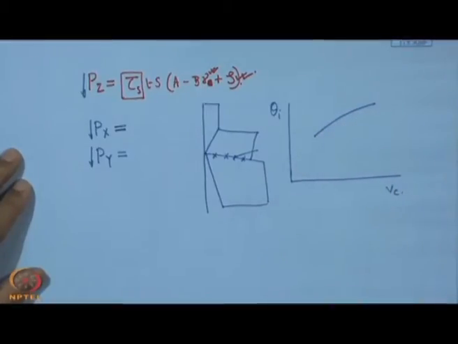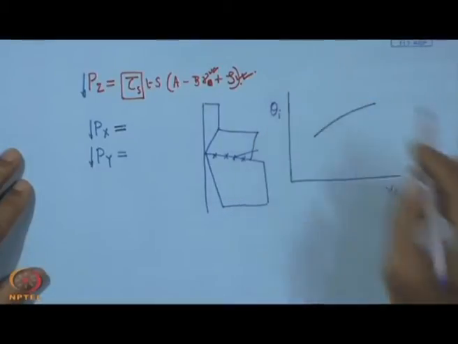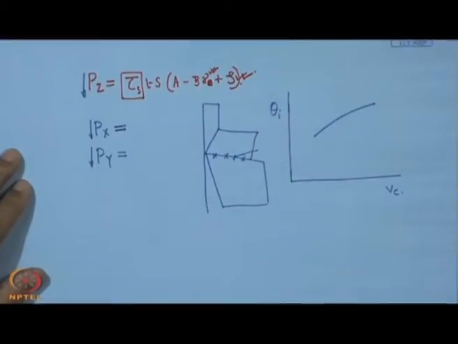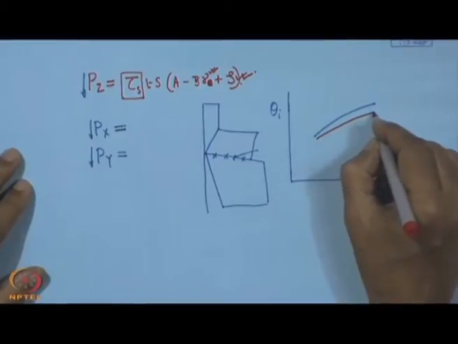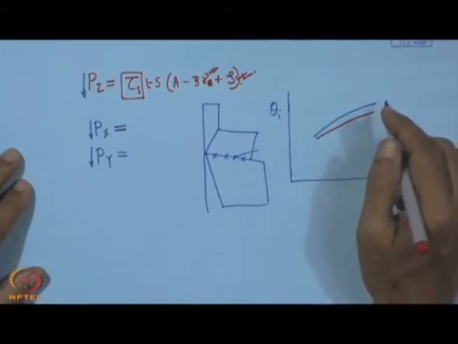Now, this graph is representative of a tool. Say if it is an uncoated tool, and if we put a titanium nitride coated tool, what would be our benefit? Whether we can see a graph like this, in that case we can find a benefit.